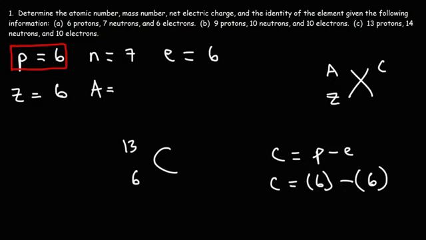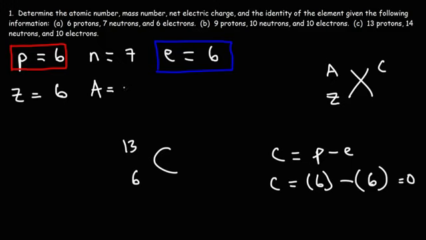So notice that the number of protons and electrons are the same. This means we're dealing with an electrically neutral atom. Atoms have an equal number of protons and electrons. When these two numbers differ, then we have an ion. We'll have a net charge. So right now there's no net charge. We don't have to put a 0 here. We just leave it the way it is.